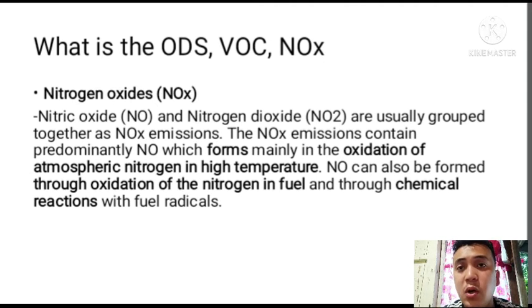Examples of NOx are nitric oxide or NO, nitrogen dioxide or NO2, nitrous oxide or N2O, dinitrogen trioxide or N2O3, dinitrogen tetroxide N2O4, dinitrogen pentoxide N2O5.